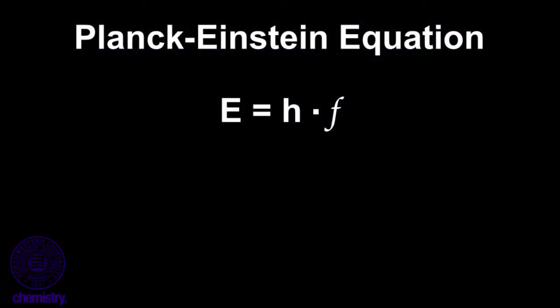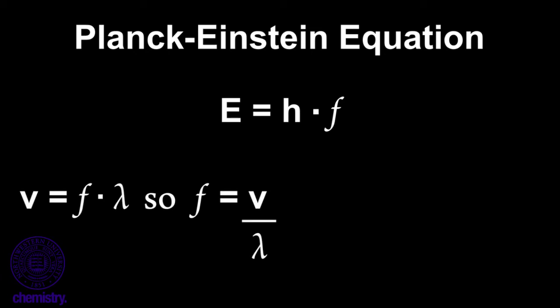Now, a couple things to remember about energies in electromagnetic radiation. The Planck-Einstein equation says that the energy of a photon, or the energy of electromagnetic radiation, is equal to Planck's constant times the frequency of that radiation.